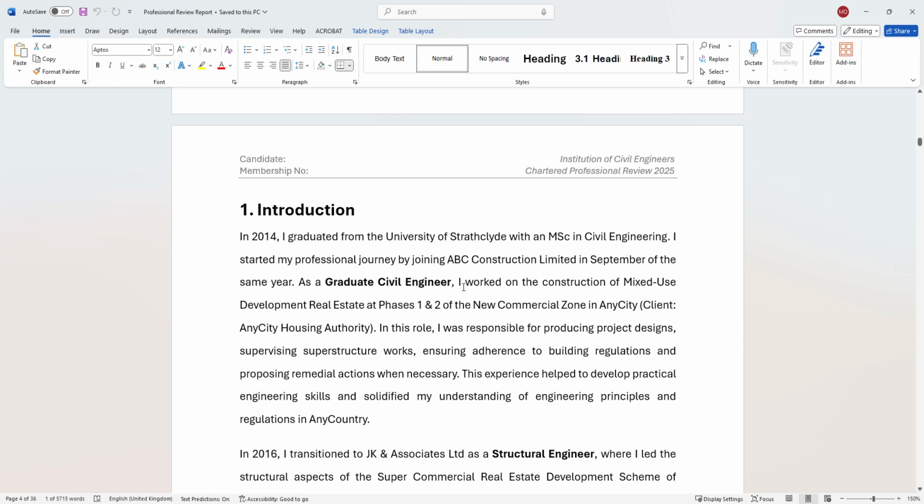And the candidate tells us the projects that they worked on and their responsibility. In this role, I was responsible for producing project designs, supervising substructure works, ensuring adherence to building regulations, and proposing remedial actions when necessary. The candidate goes on to tell us what experience they gathered. This experience helped to develop practical engineering skills and solidified my understanding of engineering principles and regulations in my country.